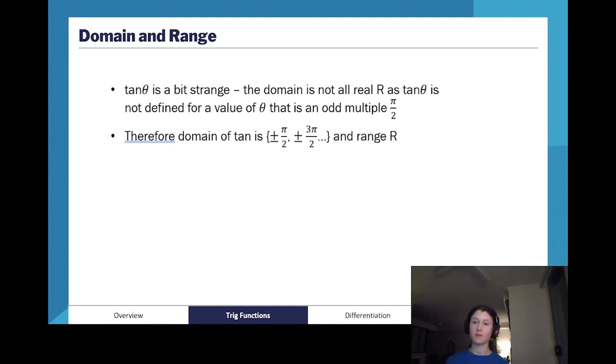Have a think about why this is. I'd like you guys to pause the recording, write down what you know so far, and have a think about why tan is not defined for a value of theta that is an odd multiple of pi on 2.